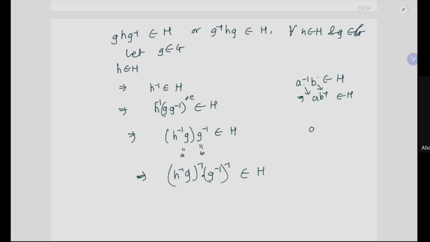So more or less we can say that if AB belongs to H implies A inverse B inverse belongs to H. Okay, this is what this statement is actually.